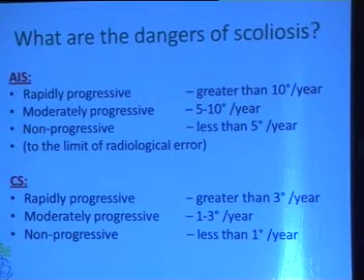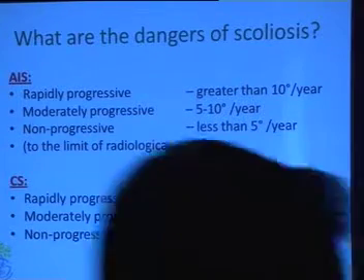There are different protocols of progression. For idiopathic scoliosis, rapidly progressive is more than 10 degrees per year, moderate is 5 to 10 per year, and non-progressive is less than 5 degrees per year.